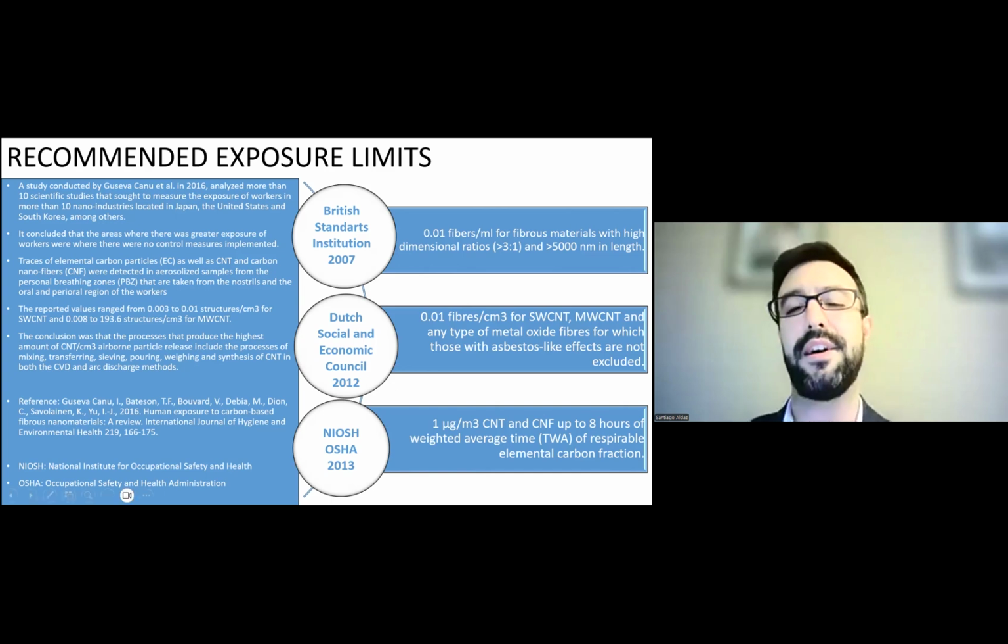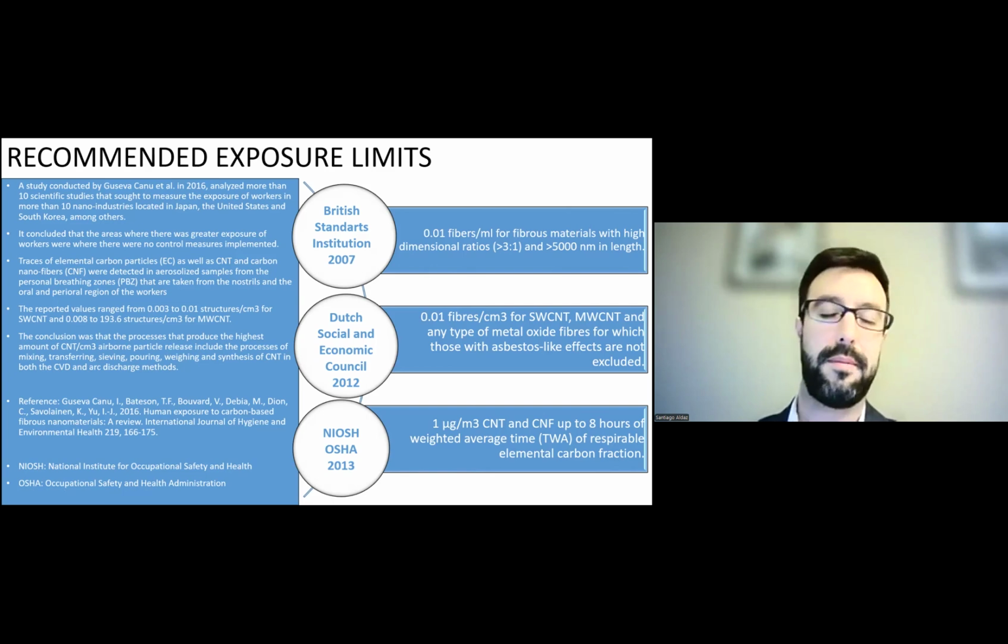So we have international institutions which determine the recommended exposure limits. We can mention some of the more important: the British Standard Institution, the Dutch Social and Economic Council, and NIOSH and OSHA, which is the most used nowadays.